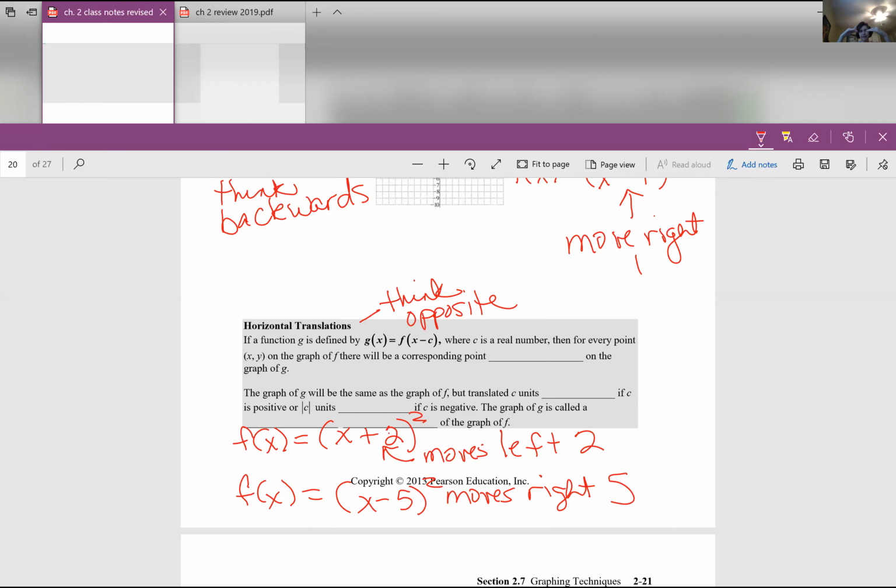Then we talked about the negative sign makes it flip over the x-axis if the negative comes right after the equal sign. And now we've talked about if something's going to shift up or down, or if it's going to shift right or left. So do you understand what you'd need to look for and feel okay with these rules? And either tell me, yes, I'm good, or not too much, or tell me what you need.